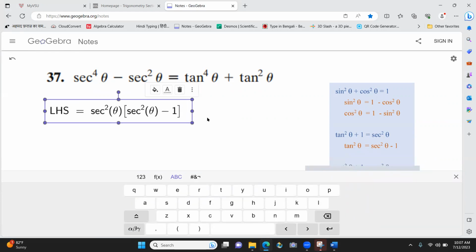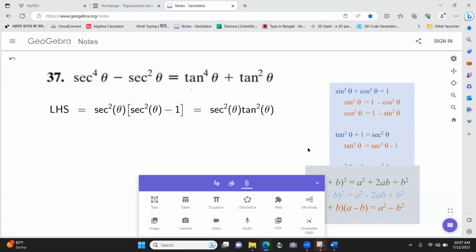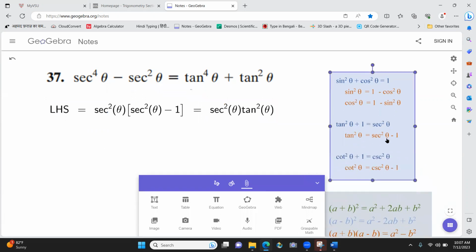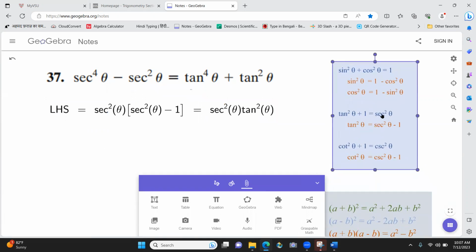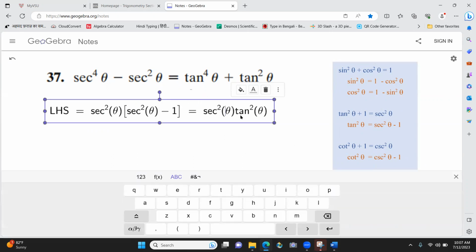So now I can say this is secant square theta, and secant square theta minus 1 is tan square theta. Okay, I'm getting there. Now, what is secant square theta? Instead of this secant square theta, I can also write 1 plus tan square theta here. I want to convert everything to tan because my right hand side is all tan.